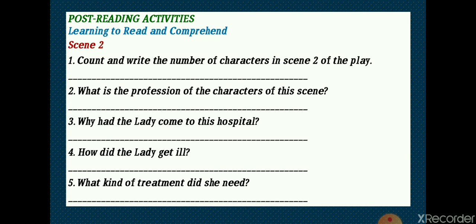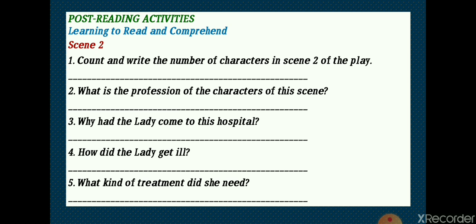Let's do another activity. It is based on scene 2. We have to read the sentences and we have to understand what kind of information is required as an answer to that sentence. Number 1. Count and write the number of characters in scene 2 of the play.